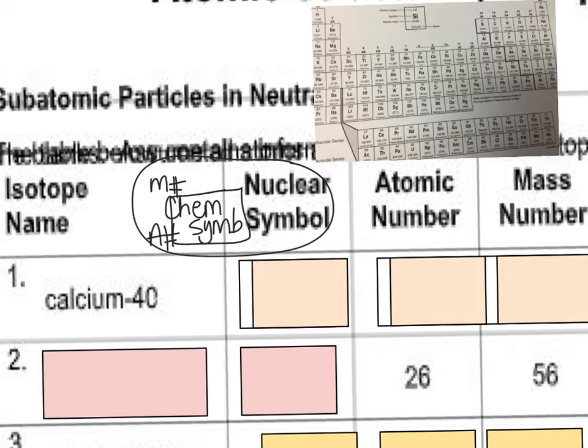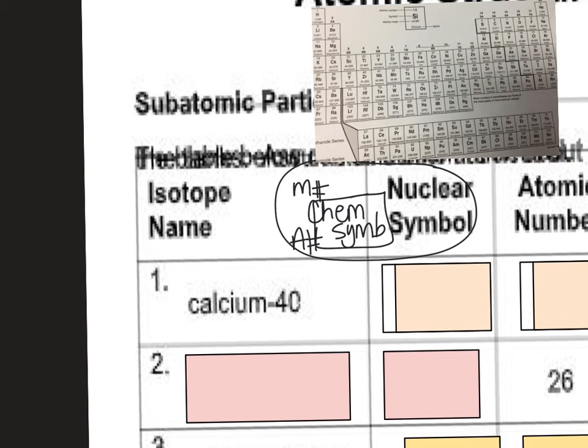Your isotope name, as you remember from the video that was recorded for Thursday's lesson, is just going to be your chemical name, a little dash, so that's not a negative sign, that's a dash, and then your mass number. Okay, so name hyphen mass number.